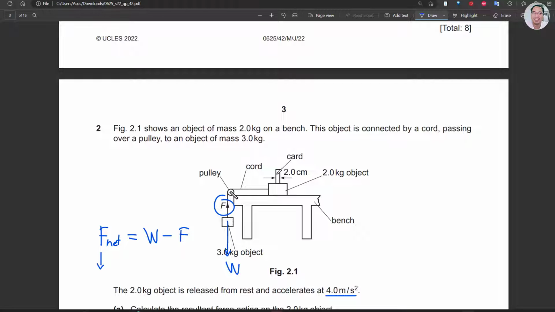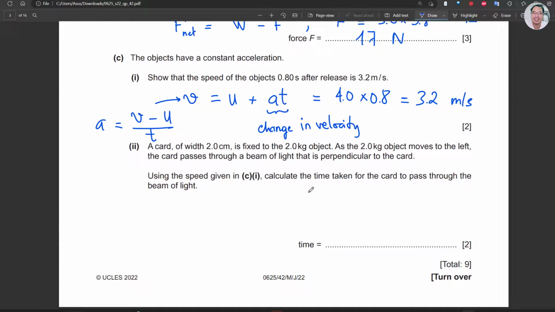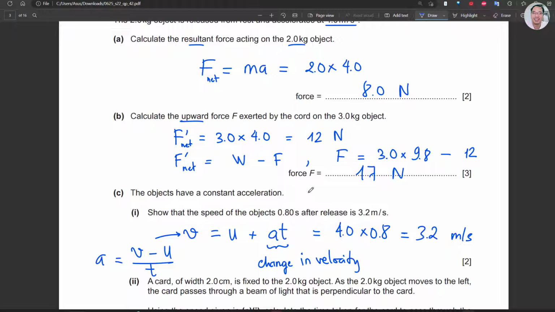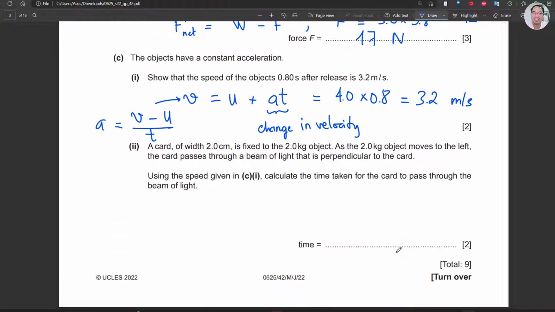The width, or the length, is only 2 centimeter. The time, the speed, as it moves to the left, but the speed increases. The speed is not constant.